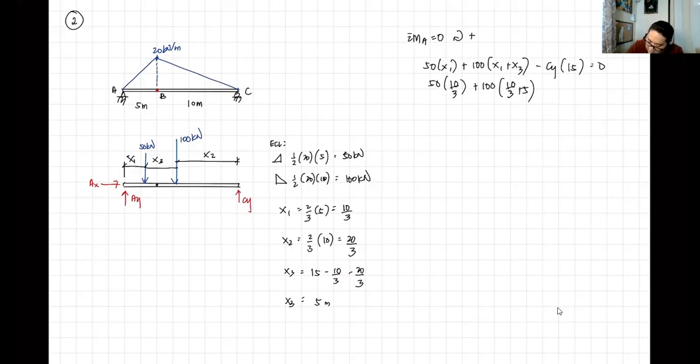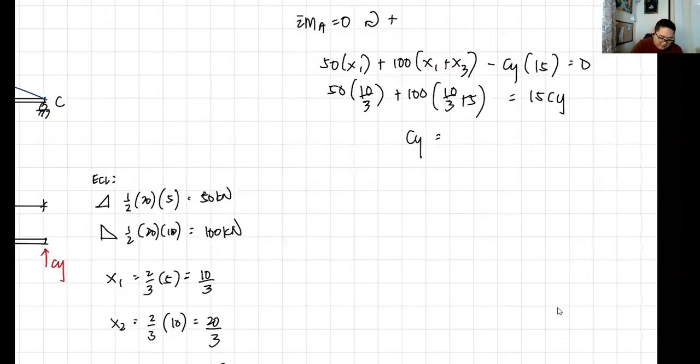Then transpose natin si CY sa kabila. Upon calculating, we have 50 times 10 over 3 plus 100, 10 over 3 plus 5. Then divide natin by 15, lahat. So we have 200 over 3 or 66.67 kilonewton. Okay?